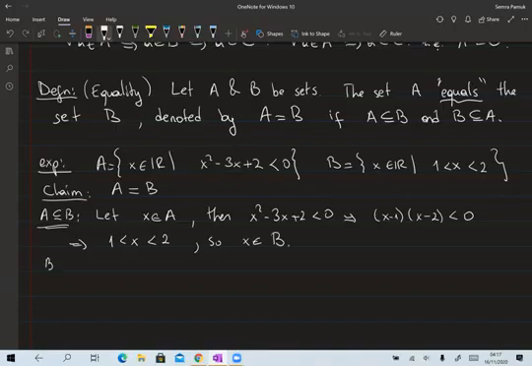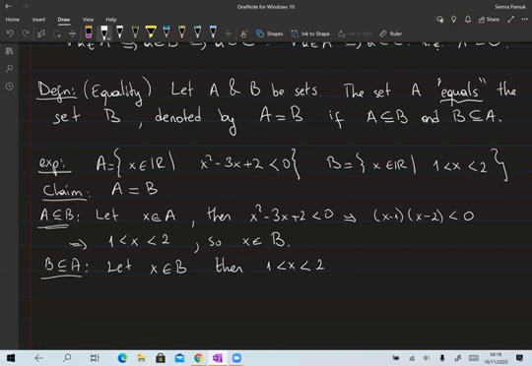So you showed this side. For the other side, you take an element from B. Then we have x is greater than 1 and x is lower than 2, right?